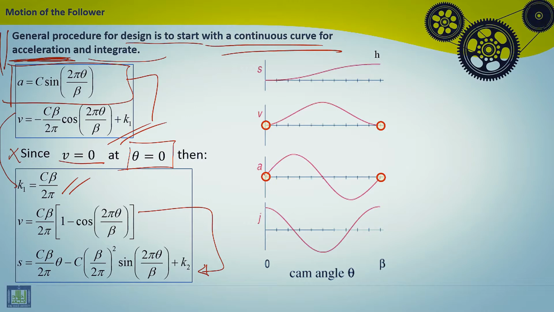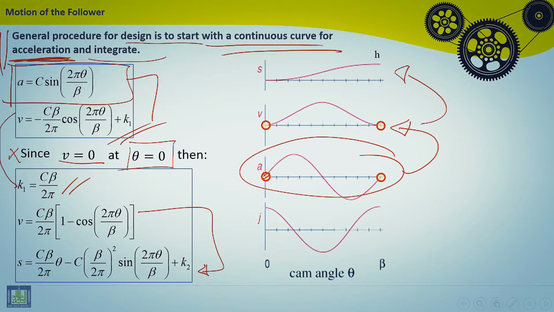Here we can see the continuous acceleration function. First integration gives the velocity, second integration gives the position function. We can remark here, after derivation of the acceleration, the jerk function is continuous and finite.